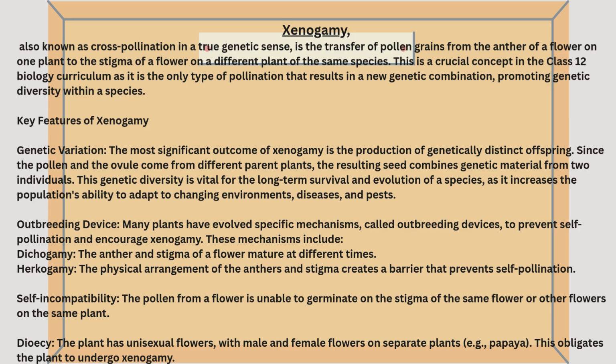The pollen from a flower is unable to germinate on the stigma of the same flower or of another flower on the same plant. The next is where the plant has unisexual flowers, with male and female flowers on separate plants. Example, papaya. This obligates the papaya plant to undergo xenogamy.